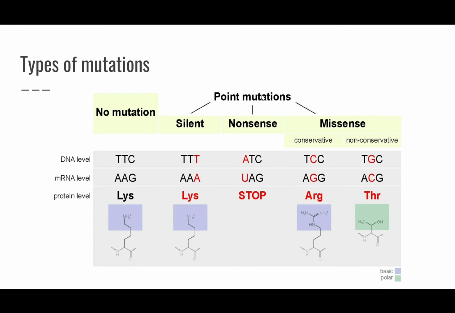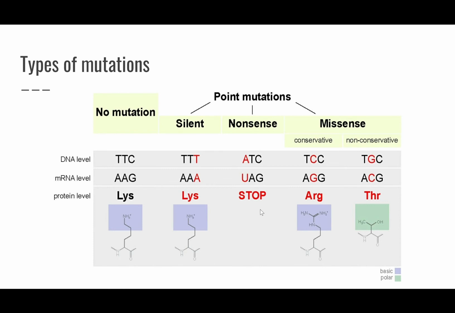We can also have mutations that we call nonsense, and that is a mutation that causes the codon to become a stop codon. Remember there were those 3 special codons that code for the end of the protein. So if we have TTC and this first T becomes an A, then this is going to translate into a stop codon.